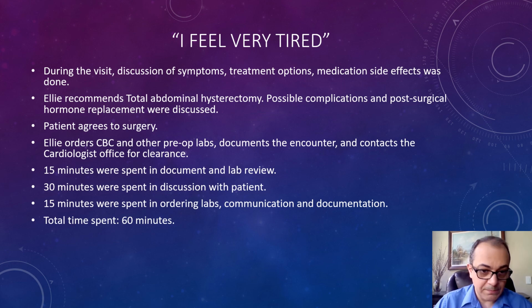Now, when you look on the next screen, which is of time documentation, you need to see how long that took you and how much of a code that gives you for your E&M visit.